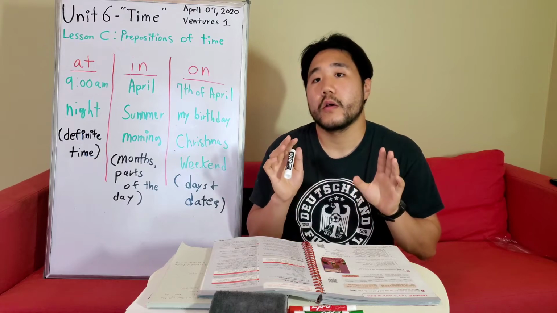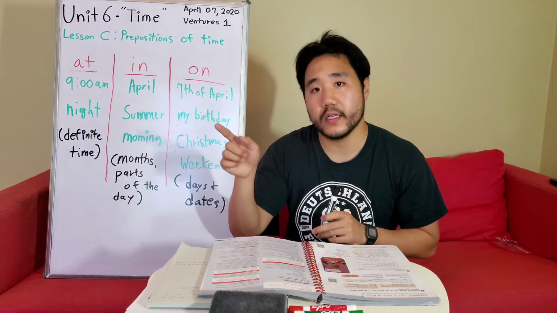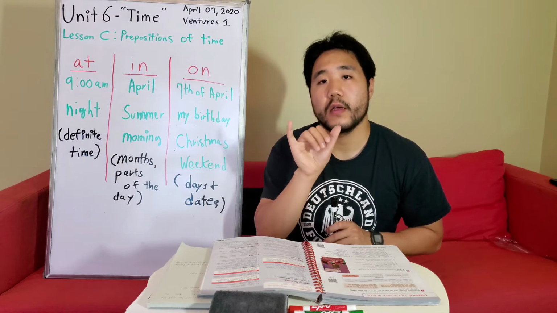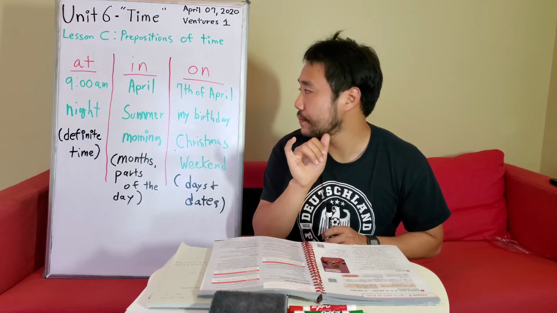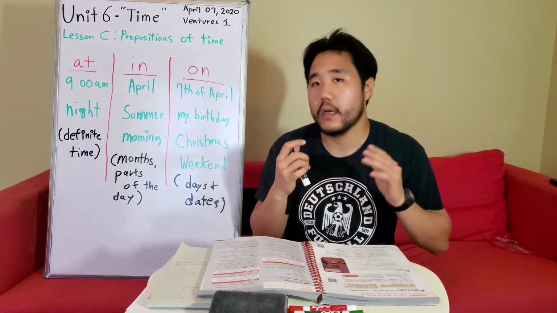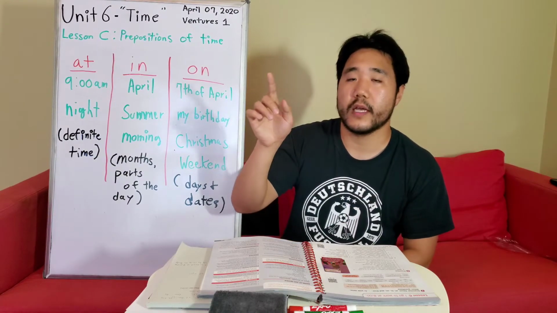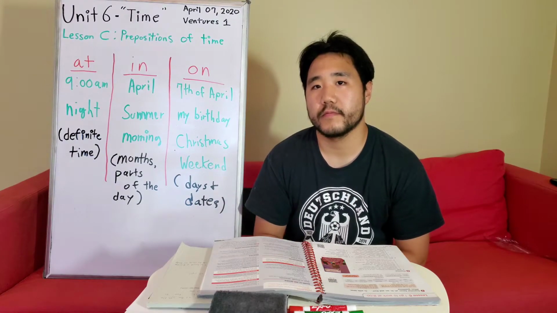So 7:45: 7 is the hour, 45 is the minutes. If there are no minutes, then it's just 7 o'clock.